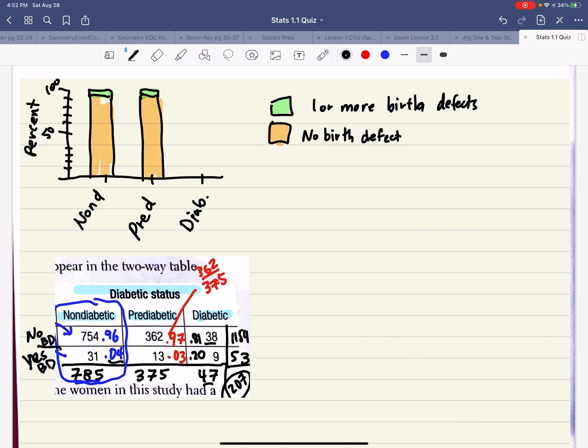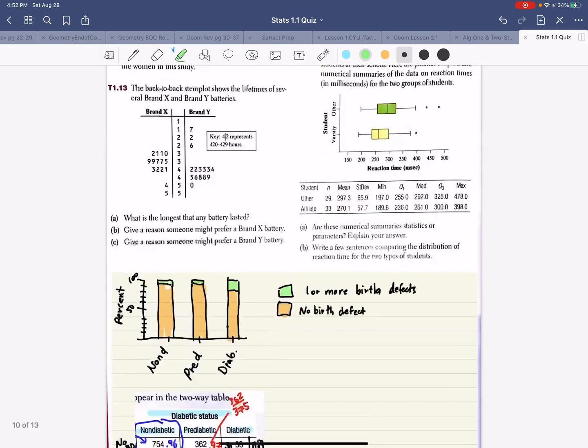All right, and then this last one, it's 20%, so that's quite a big difference. 20% on the top, so I'm going to go up here to 80, leaving 20% and shade it in. All right, that was C.